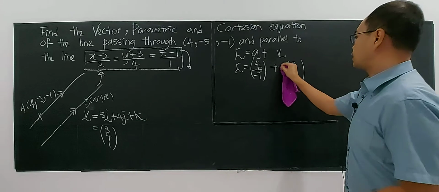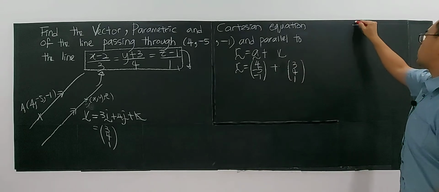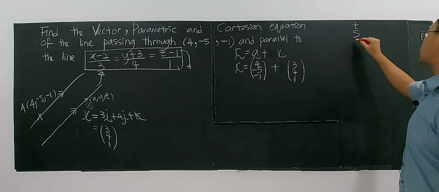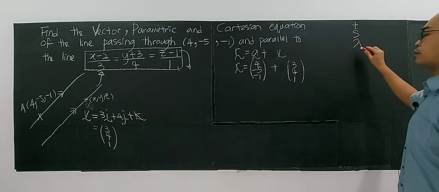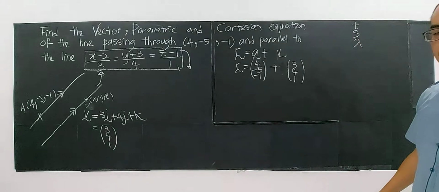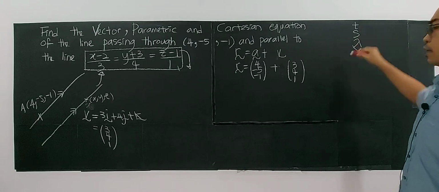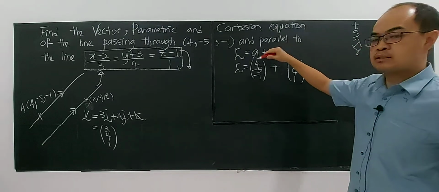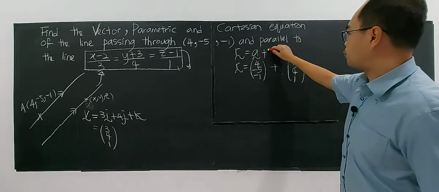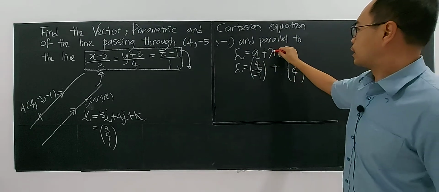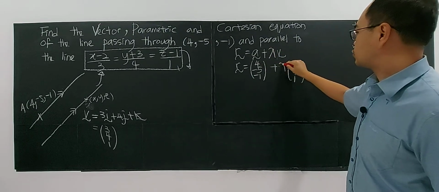Usually we can use t, s, lambda, or gamma. Either one is okay. Just now I used t in my working, so now I'm using lambda to denote another straight line.